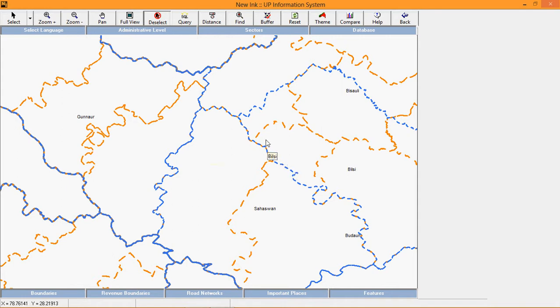Right now we have just uploaded the data of census 2001 only, and we are trying to create the entire village boundaries of the entire nation, entire country, so that all the units, all the administrative boundaries are shown on the map neatly and seamlessly.